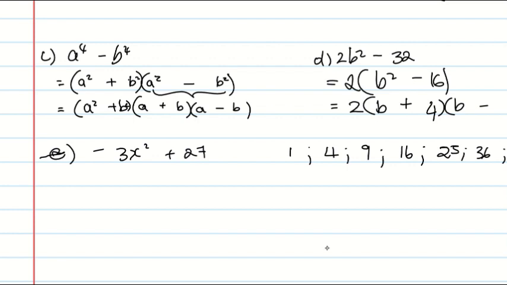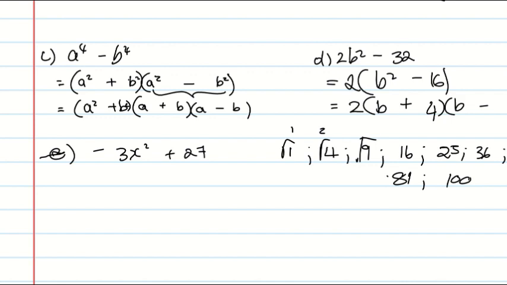Then after 49 I have 64, and after 64 I get 81, and the 10th one is 100. These are square numbers because if I put them under a square root, I get a whole number. So 1 times 1, 2 times 2, 3 times 3 are those answers under a square root. Alright, so 3 is not a square number.